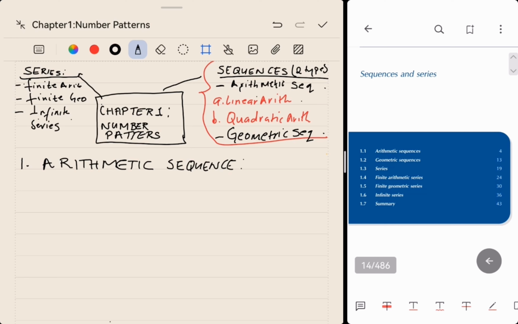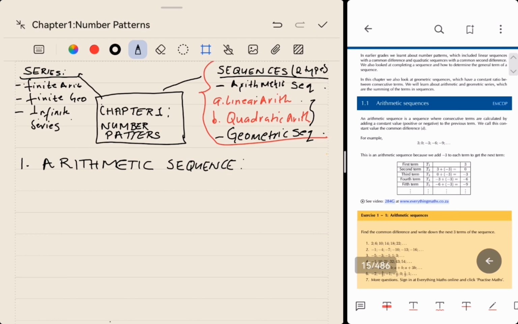An arithmetic sequence has two types also inside, which is linear arithmetic and quadratic arithmetic. Ask yourself, what is an arithmetic sequence?